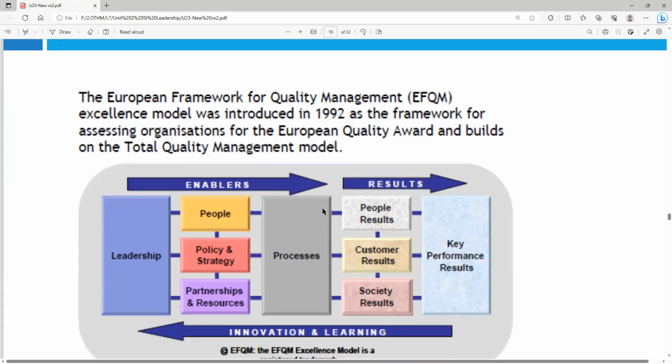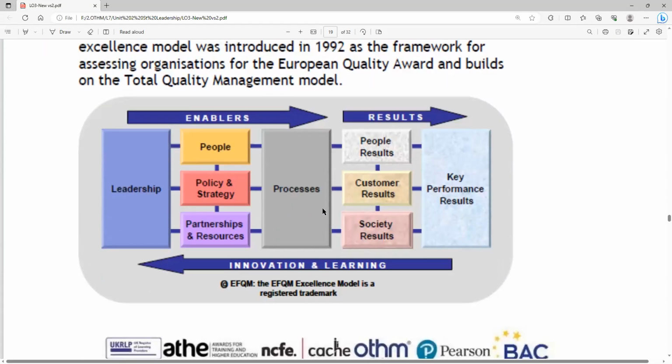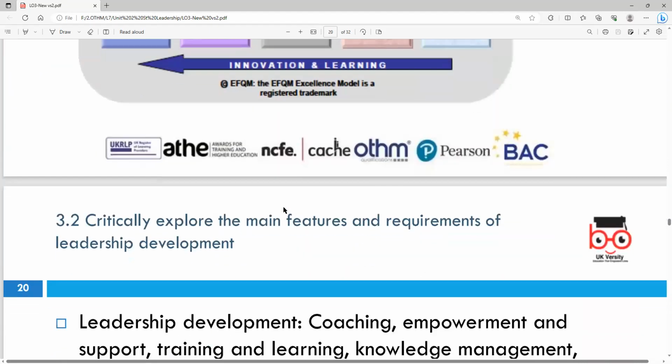This model can be used to assess organizations in terms of innovation, learning, leadership, processes, and key performance results. So you can use these models to measure the performance of an organization.